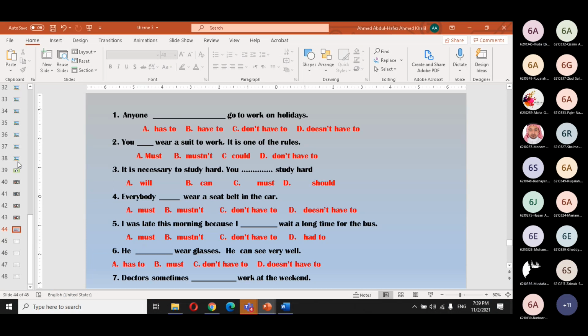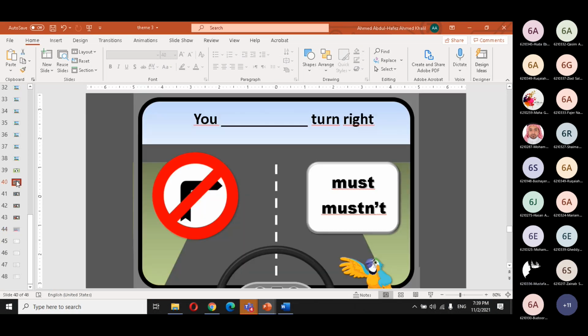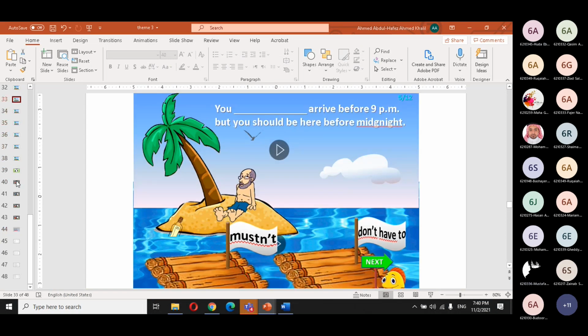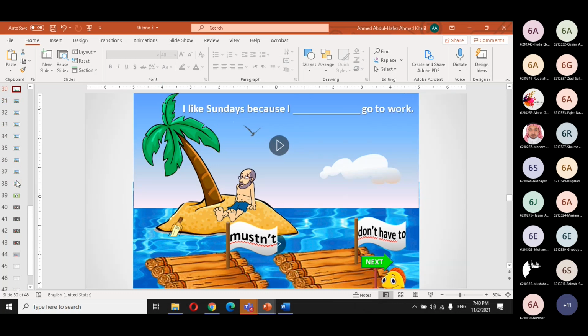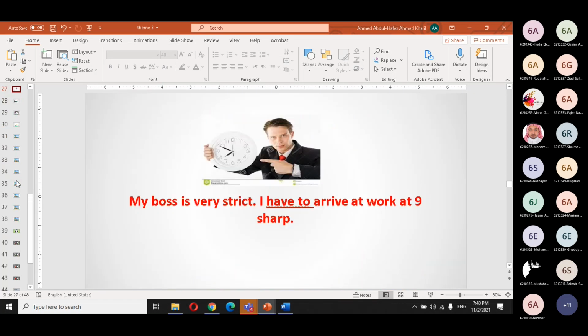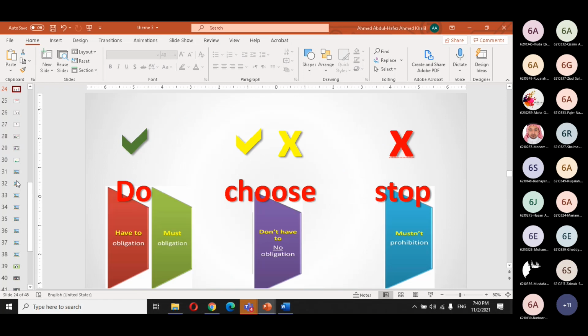Okay. I want tomorrow when we start, we will do exercise about that. But I don't want you to forget this because this is important. I want you to have a look again at this one we started with. Again, we said when we talk about something necessary, sometimes it is necessary to do.